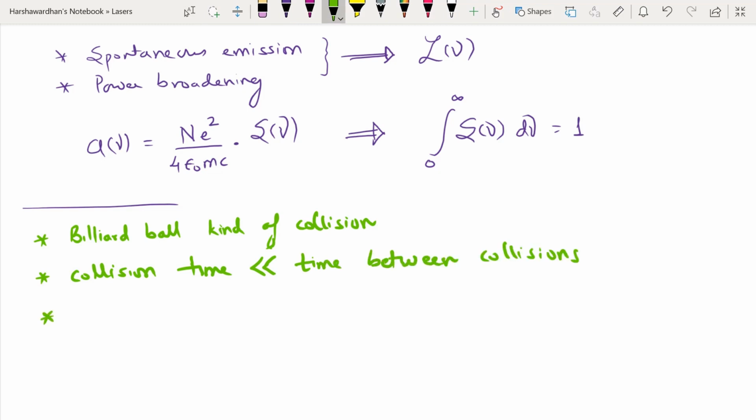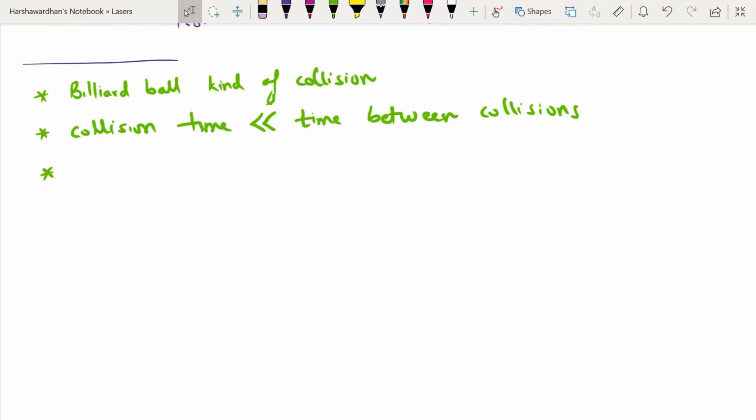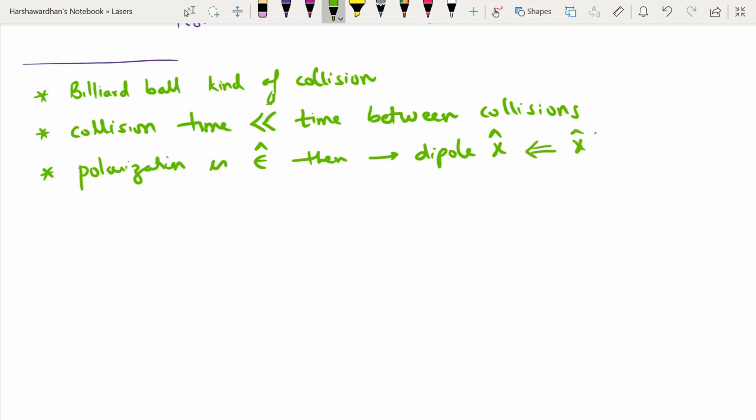The next assumption is that I have an oscillating field. If my oscillating field polarization is epsilon, then the dipole moment which I generate is along the same direction. That is, the dipole moment x cap is going to remain parallel to epsilon. The generated dipole moment is in the same direction as that of the electric field.